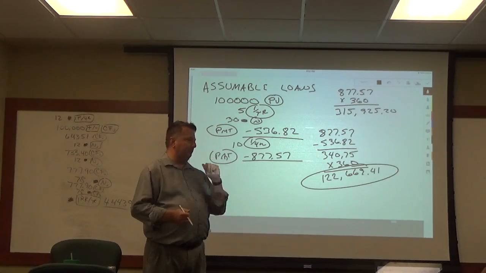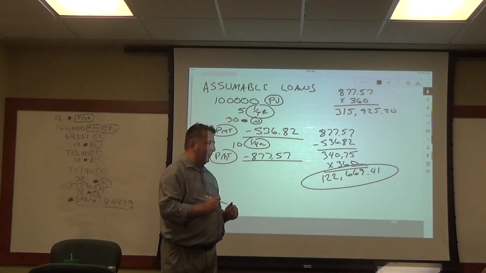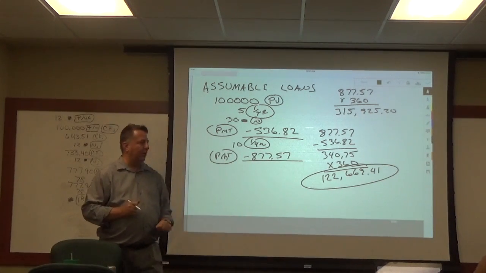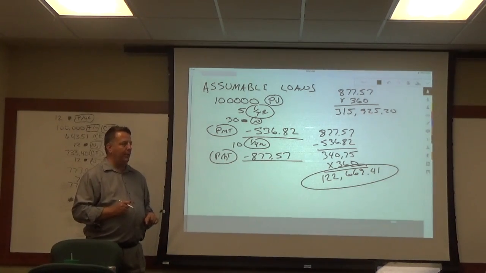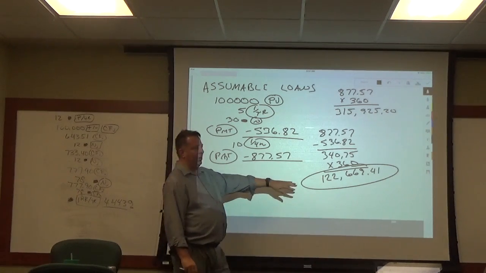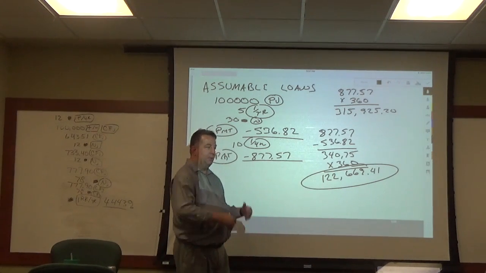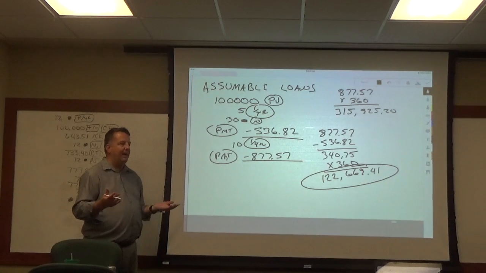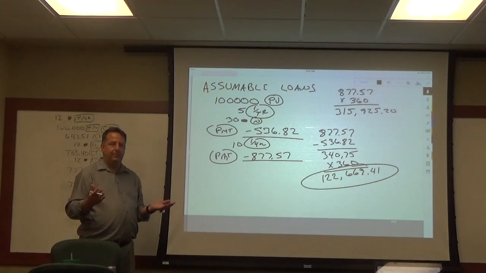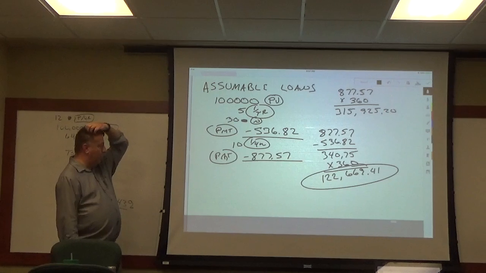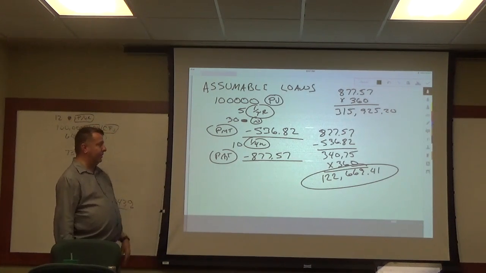Well, you probably don't want to do that. You probably want to charge him some money for the opportunity of assuming that loan, because there's real value to it. Does that make sense?